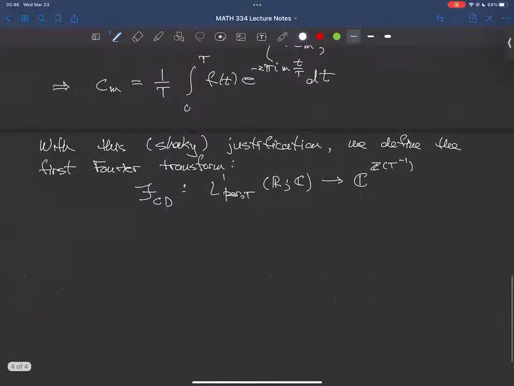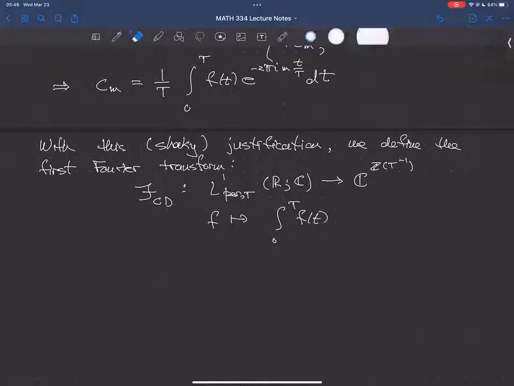So it's going to be f maps to the integral from 0 to T of f of t. Sorry, let me write it like this. This is going to be a function of frequency, and the frequencies are going to be of the form n over T. It's going to map that frequency n over T into the thing that I was just about to write.